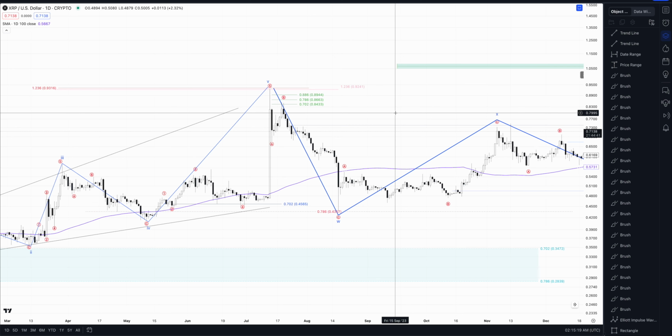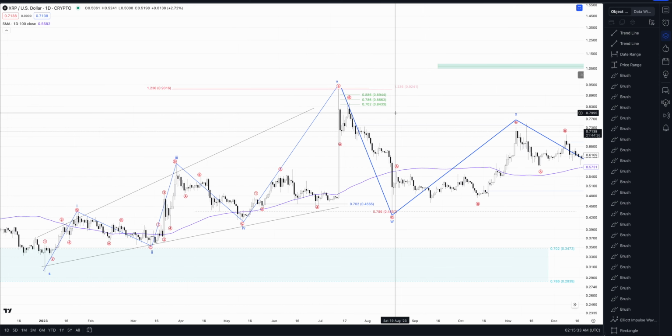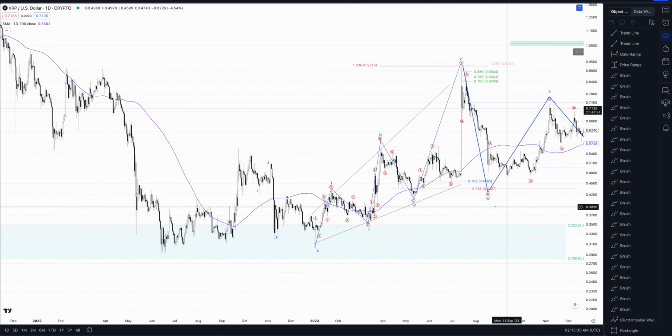Now remember, the crypto market is just algo trading. I want you to understand that. And the way XRP is built is it's built by using the 702 and the 786.